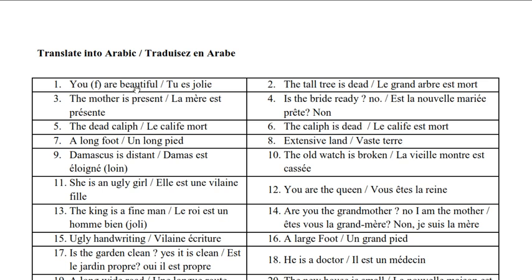Anti jamilatun. The tall tree is dead. The tall tree. We have to place the tree first. Ash-shajaratu. We have to place al in front, and then the word shajaratun. It becomes ash-shajaratu. Then we have to place tall, the tall, and then the tall should be in accordance with tree.